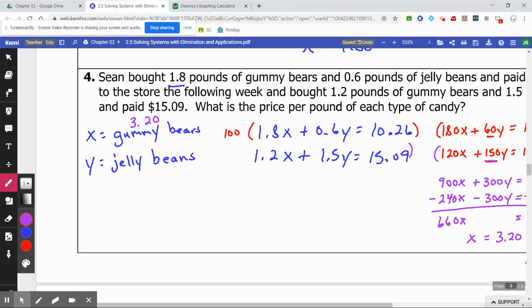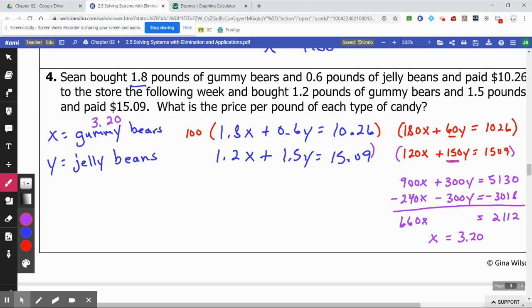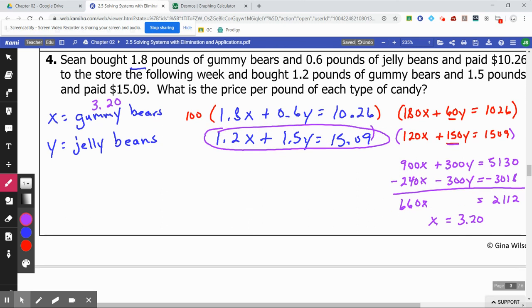So if x is 3.20, we can plug it back in anywhere we want, any equation that we have up here. You can use these more complicated ones over here if you want to. We'll use this one. So we've got 1.2 times x, which would be 1.2 times 3.20, which is 3.84, plus 1.5y equals 15.09.